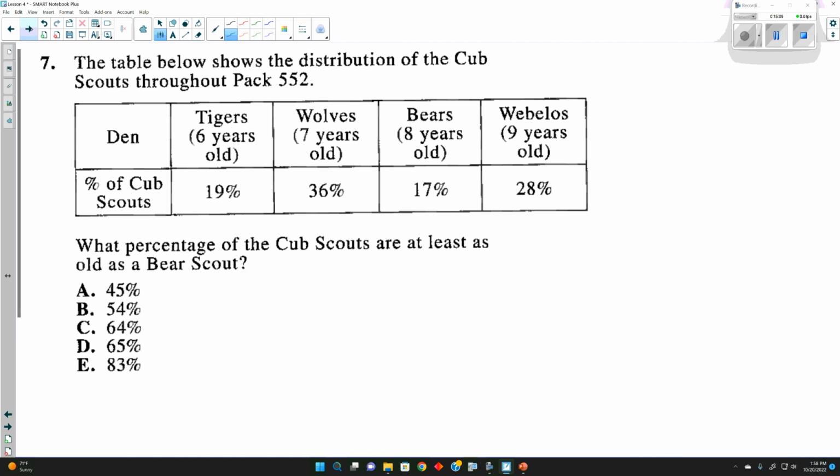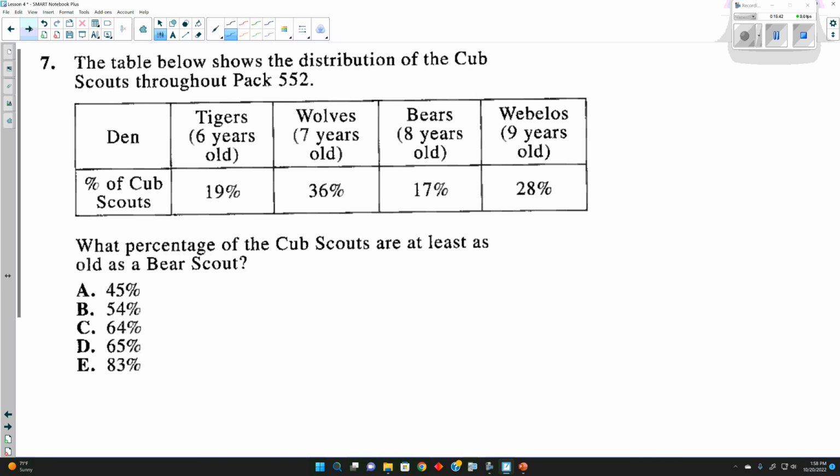All right, let's look at this one here. This one's a little bit different because this time we're looking at a table. The table below shows the distribution of the Cub Scouts through Pack 552. What percent of Cub Scouts are at least as old as a Bear Scout? So Bear Scouts are how old? 8. So we want to say at least as old as a Bear Scout.